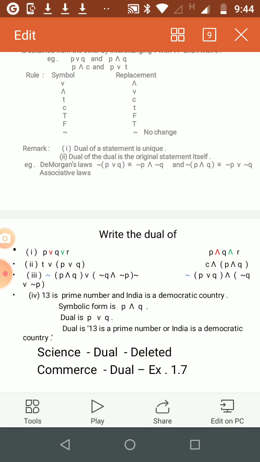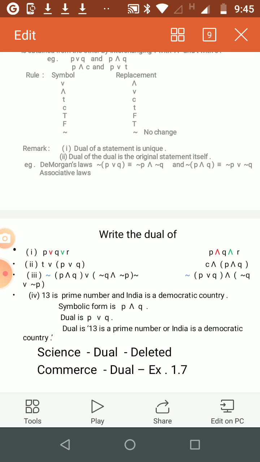So they are kept as they are. But in the first bracket we have and, that is to be replaced by or, and in the second bracket we have again and, that is replaced by or, and the middle one is or, that is to be changed to and. So this is the dual: negation of P or Q and negation of Q or negation of P.